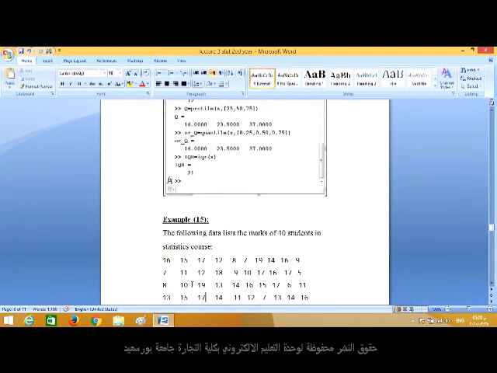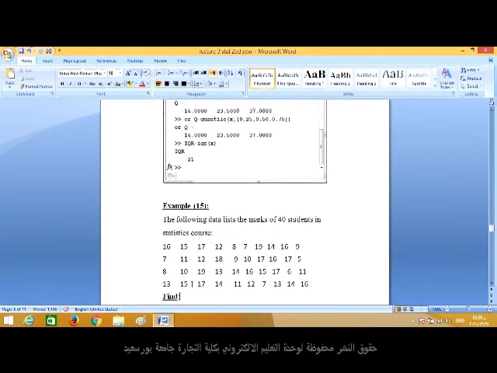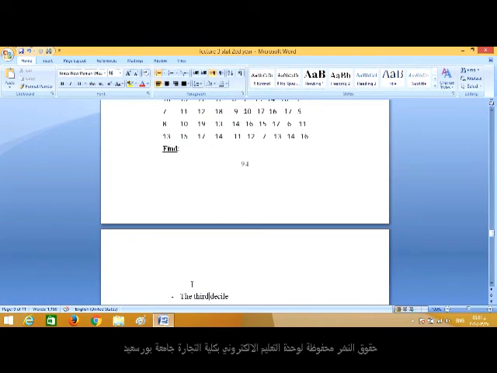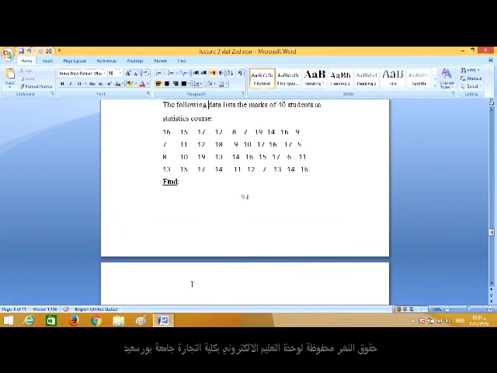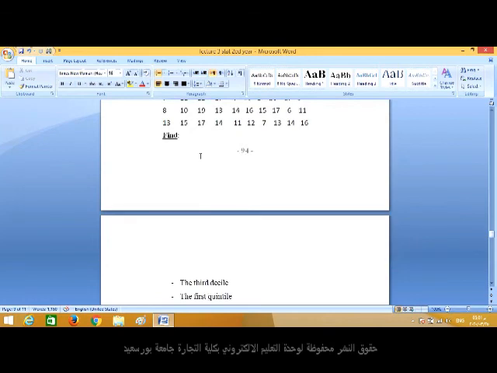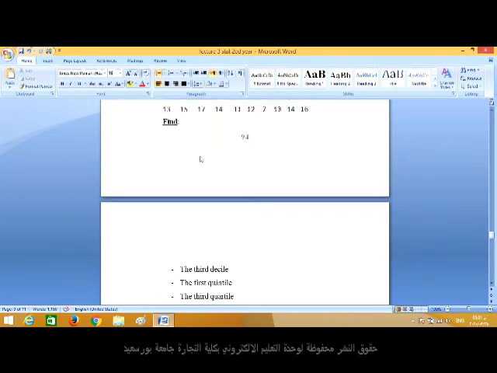Example number 15. The following data lists the marks of 40 students, I mean the scores in a statistics course. Find the third decile.